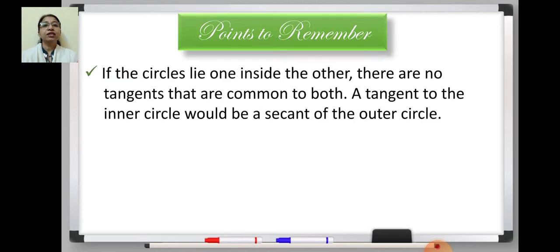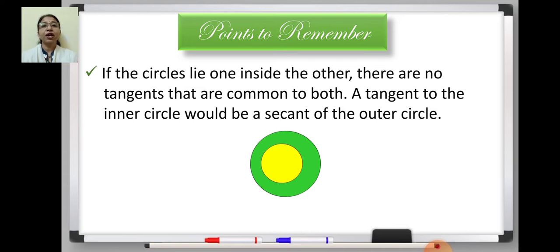If the circles lie one inside the other, there are no tangents that are common to both. A tangent to the inner circle would be a secant of the outer circle. Let us see how. Here the inner circle and outer circle do not have any common point. They could be concentric circles or their centers may be different.